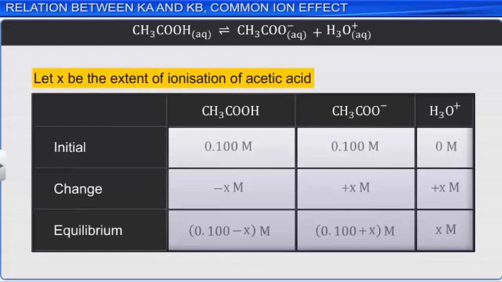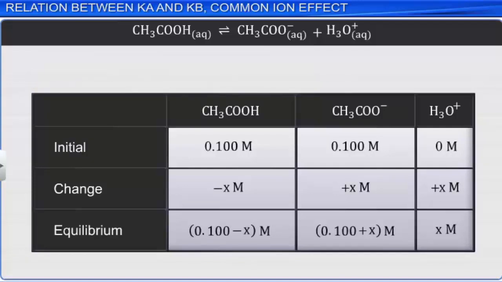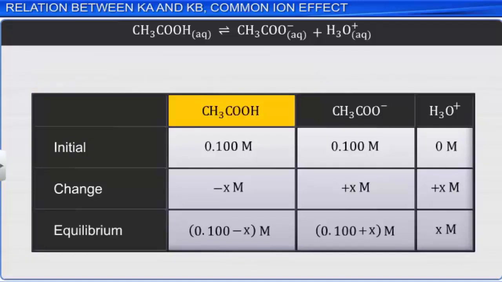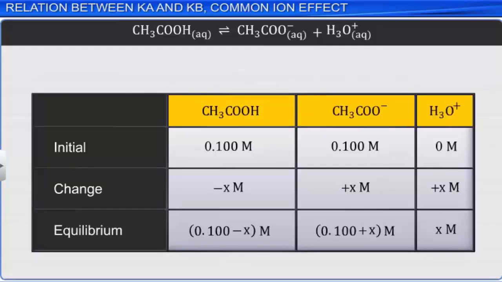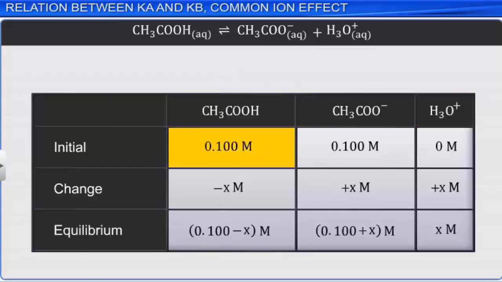Let X be the extent of ionization of acetic acid. The initial concentrations of CH3COOH, CH3COO minus and H3O plus are 0.1, 0.1 and 0 moles respectively.